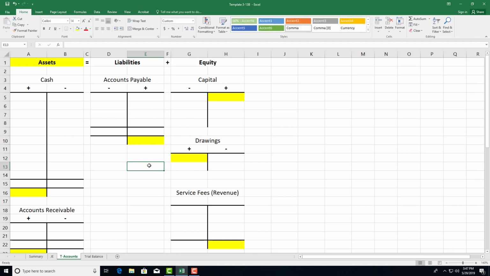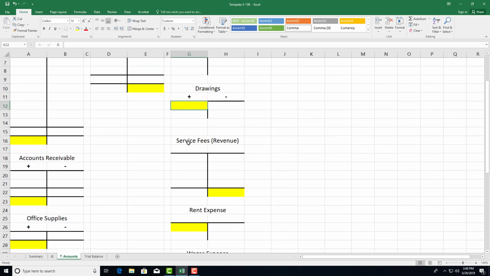And this is a little bit of a preview for what we're going to talk about in Chapter 6, but basically the drawings or withdrawals, money that's taken out of the business by the owner, an increase to the drawing account ultimately becomes part of the capital account. So I kind of want you to visualize that this account, a debit in this account, ultimately gets put into this account. So an increase to a drawing ultimately becomes a decrease to capital.